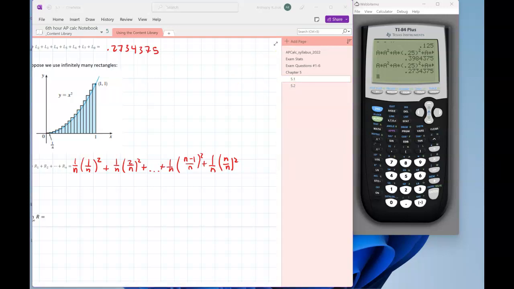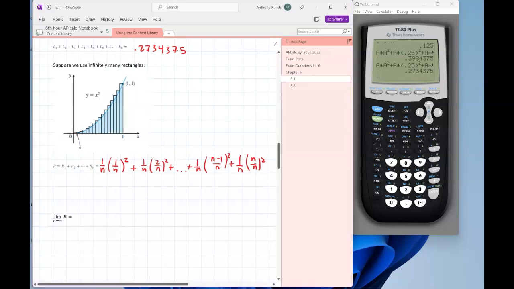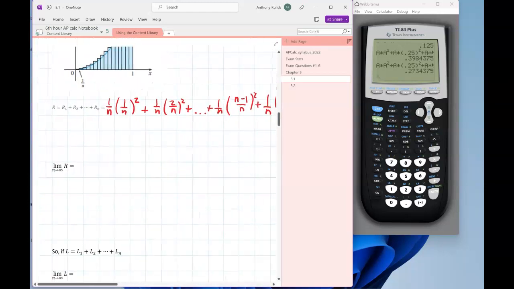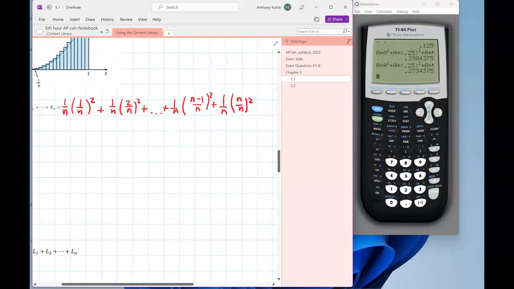Okay. And now what we're going to do is take the limit of that expression as n goes to infinity. Now, to do this, I'm going to do a little bit of rewriting, because the way R is written is not super convenient for me.